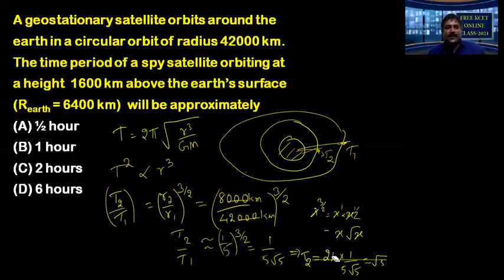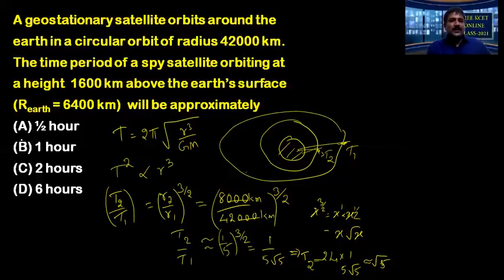So T2 equals 24 into 1 by 5 root 5, and root 5 is approximately 2 only, a little more than 2.